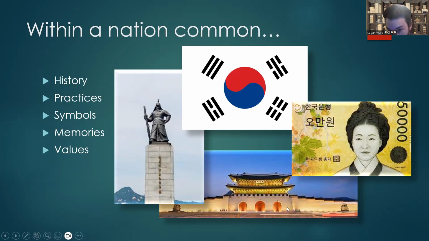It actually looks different. Now this is not the updated one, but yeah, so it's at Gwanghwamun. Yes, this is Gwanghwamun. This is the Gwanghwamun, which means the Radiant Light Palace or something like that. I can't remember what.